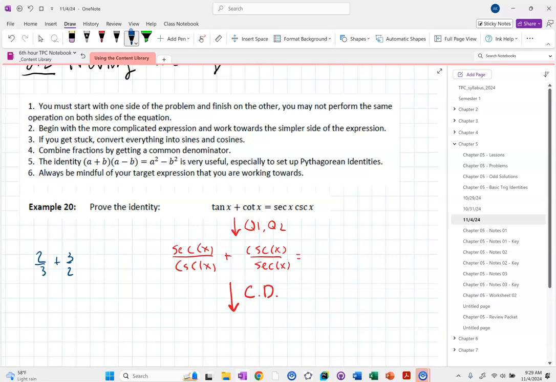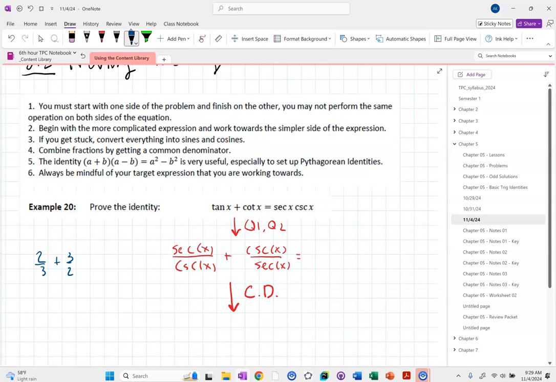How'd you get 6? 3 times 2, right? They're distinct primes. So we'll do the same thing to make a common denominator for secant over cosecant plus cosecant over secant. The common denominator there would be cosecant times secant. Everybody's okay with that?